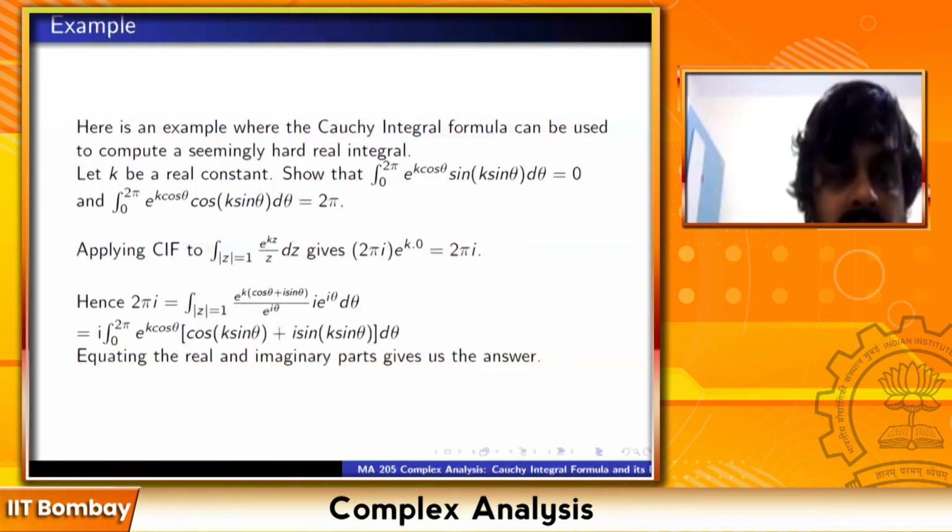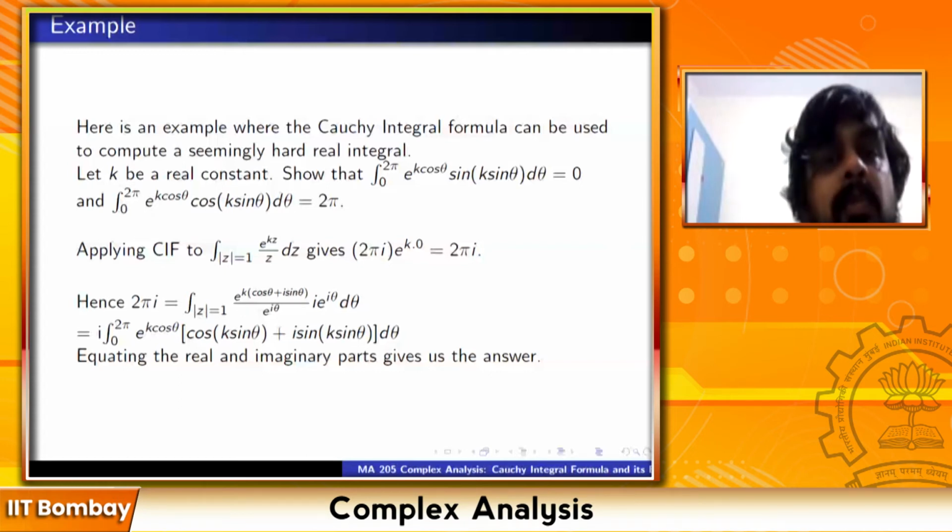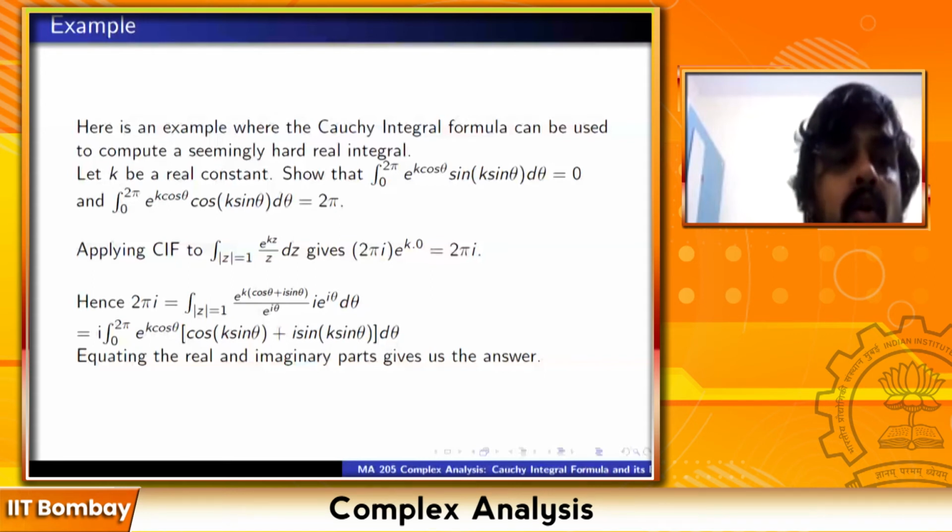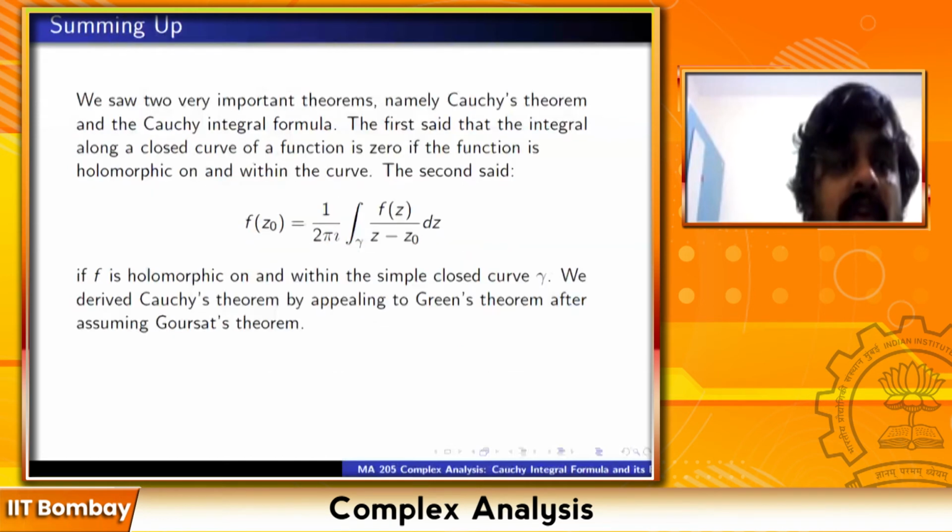So just to recall where we stand. We saw 2 important theorems, namely Cauchy's theorem and the Cauchy integral formula. The first said that the integral of a function along a closed curve is 0 if the function is holomorphic on and within the curve. The second said that f of z naught is equal to 1 upon 2 pi i times the integral of f(z) dz by z minus z naught along gamma, if f is holomorphic on and within the simple closed curve gamma.